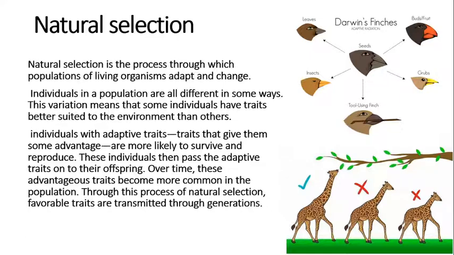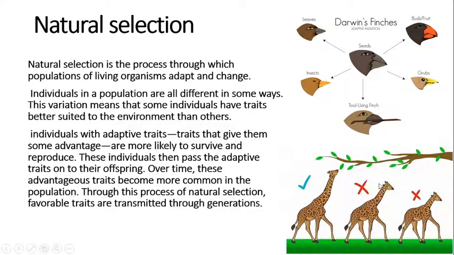For example, the suitable beak for feeding on seeds is a short and sharp beak. So this is naturally selected among this group of birds. And here the long neck is naturally selected to feed on the tree leaves.